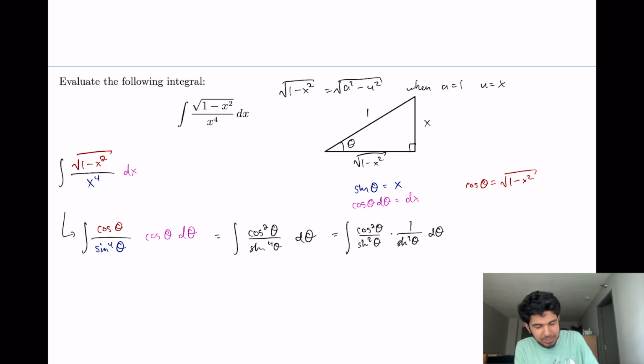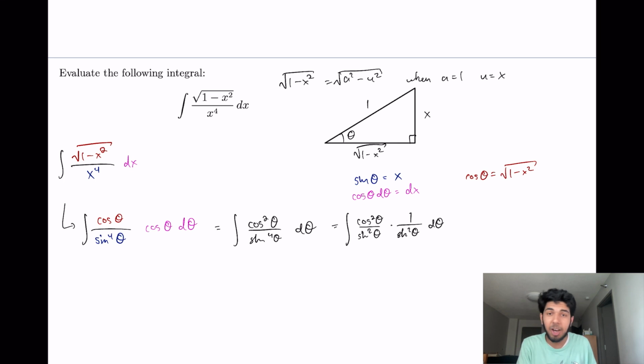And now we can represent it in terms of non-sine and cosine functions. Because cosine over sine is cotangent, so that'll be cotangent squared theta times 1 over sine squared theta, which will be cosecant squared of theta, d theta, which is slightly more aesthetically pleasing to work with, and this can actually be solved using some U substitution.